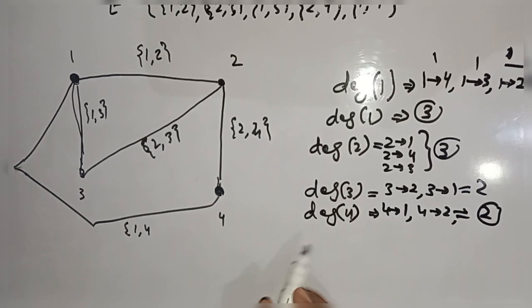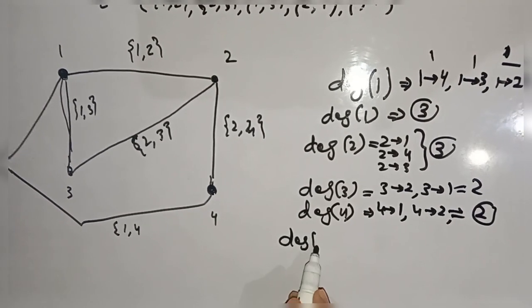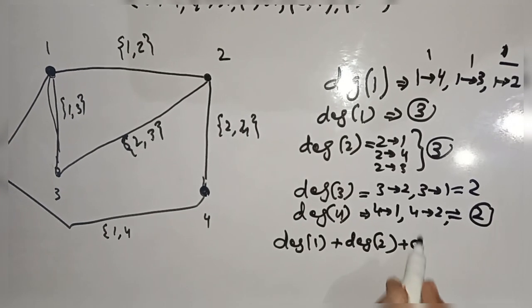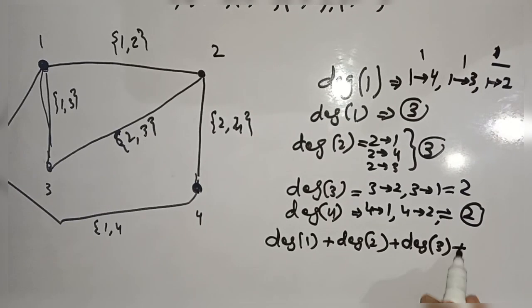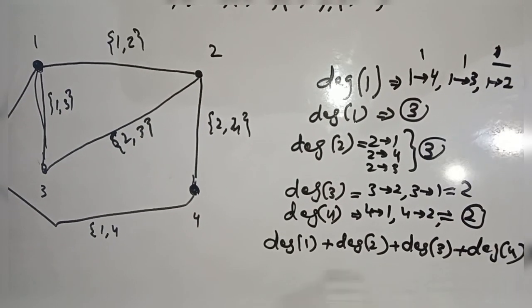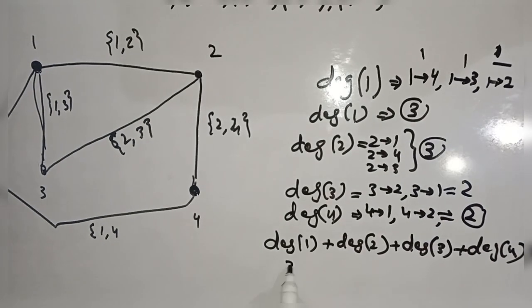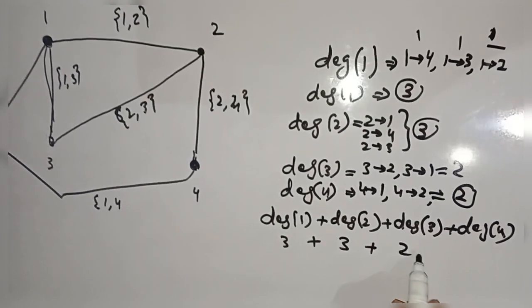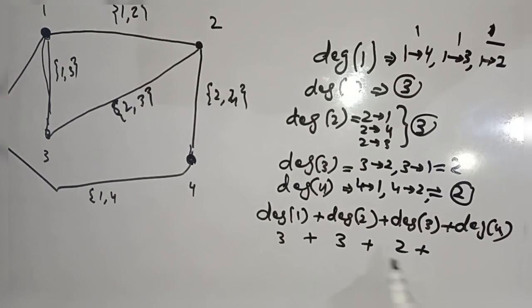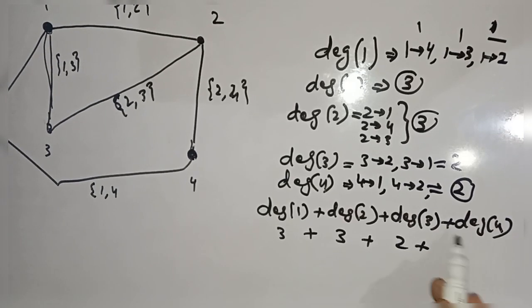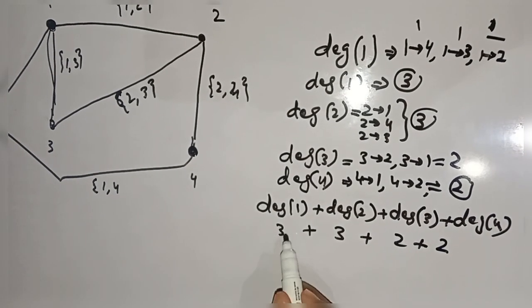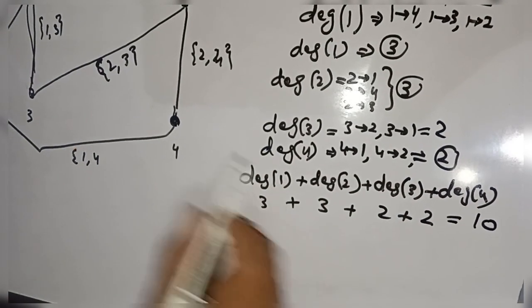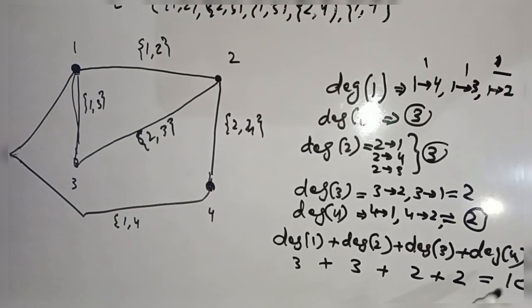In a nutshell: the degree of 1 is 3, plus the degree of 2 is 3, plus the degree of 3 is 2, plus the degree of 4 is also 2. 3 plus 3 is 6, plus 2 is 8, plus 2 is 10. So the total degree of the graph is 10.